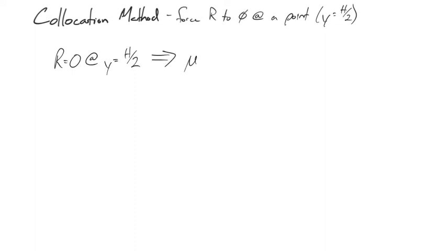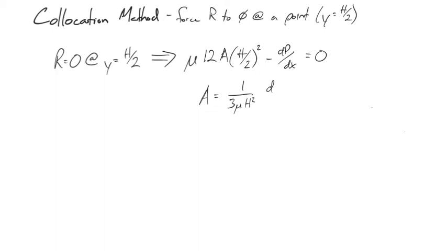When we do that, we get mu times 12a, and now we have h over 2 squared substituted for y, minus dp dx, all equal to 0. We're saying it's forced to 0 there. Now we can solve for a, our unknown coefficient, and we come up with 1 over 3 mu h squared dp dx.